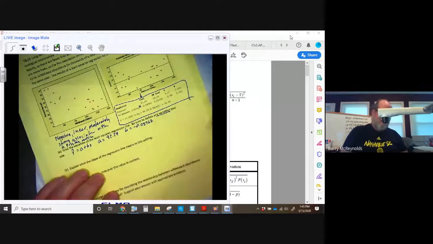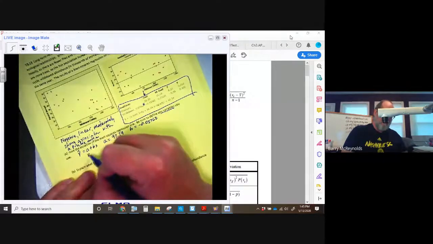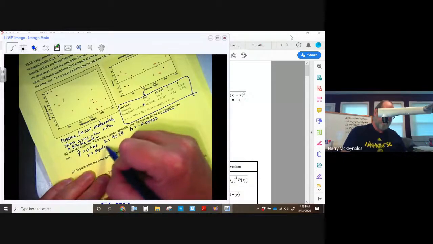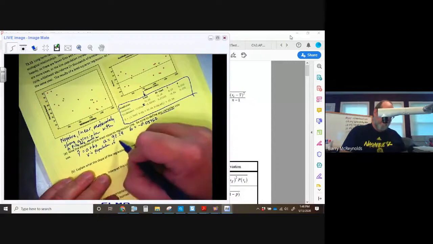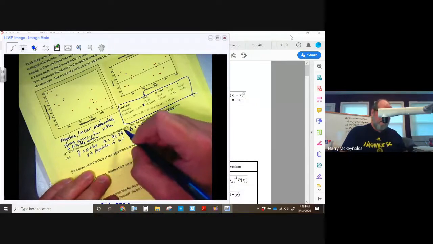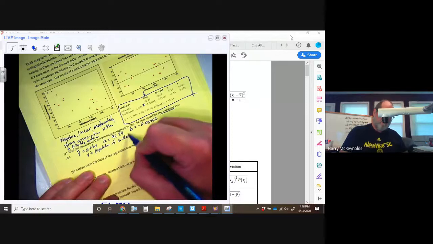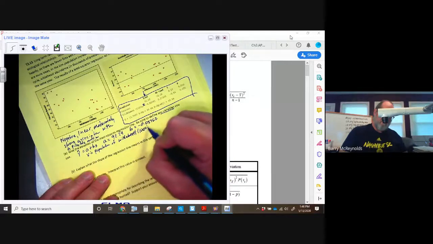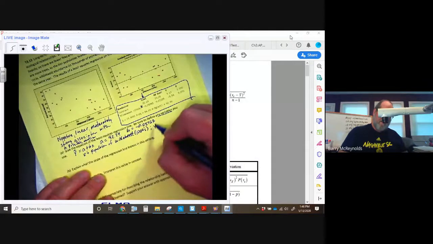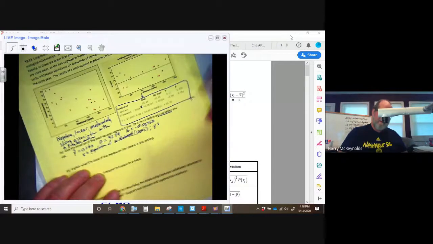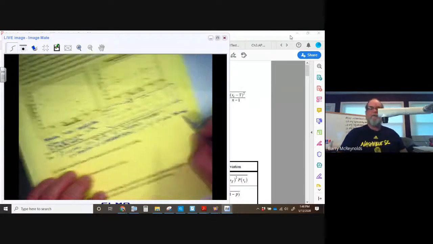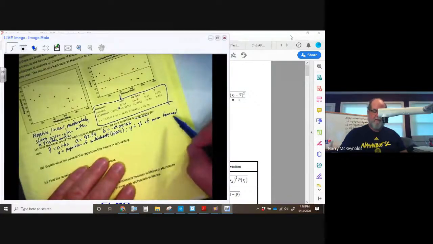So I want to say X is defined as the population of wildebeest, that's in thousands, and Y is defined as the % of area burned, and that should be good enough for our definition.